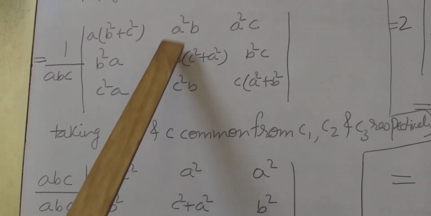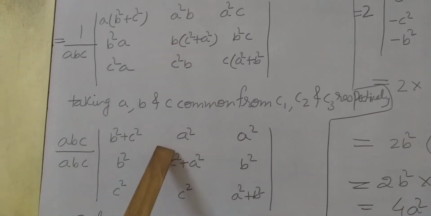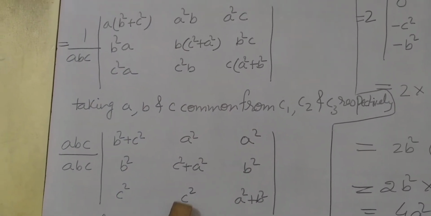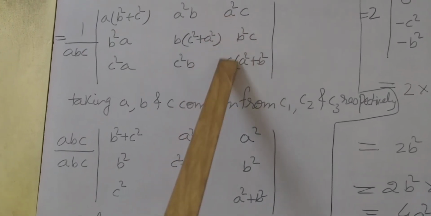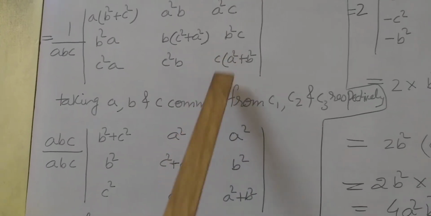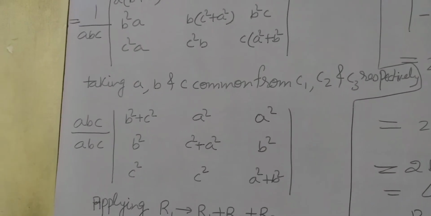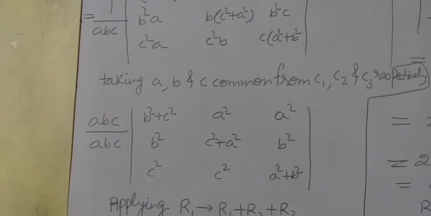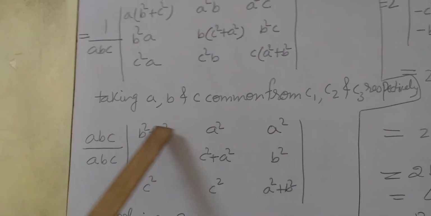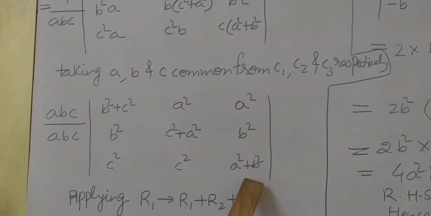Now we take B common from C2. What is left here? A square, C square plus A square, C square. Now we take C common from C3. What is left? A square, B square, and A square plus B square. Correct students? So ABC I have written here, by taking A common from C1, B from C2 and C from C3.